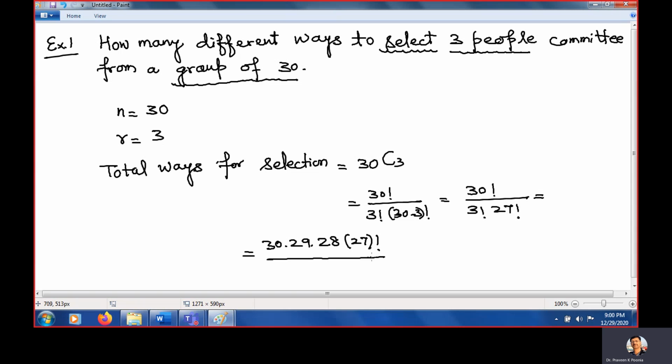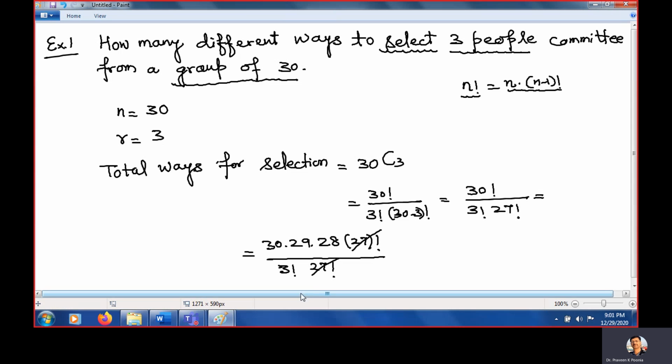I told you in the previous lecture, when explaining factorial, that a big factorial can be written as a small factorial, like factorial n is equal to n into factorial n minus 1. So similarly 30, 29, 28 can be written as 27 factorial, and this is factorial 3 and this is 27 factorial.